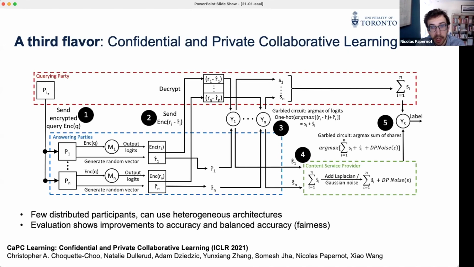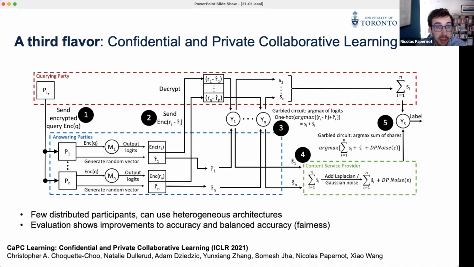So federated learning has serious limitations. In particular, it assumes that there is a central model that is trained by aggregating updates from many participants. So this means that you need to trust the central party to maintain this central model and receive the aggregated updates from different participants.